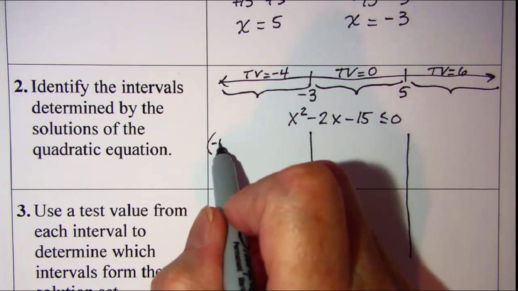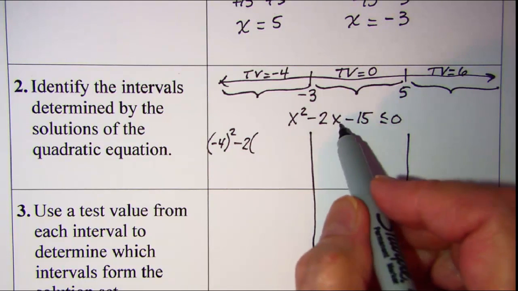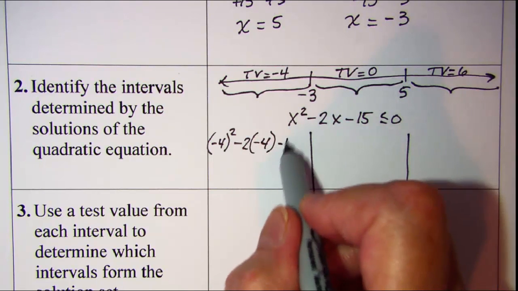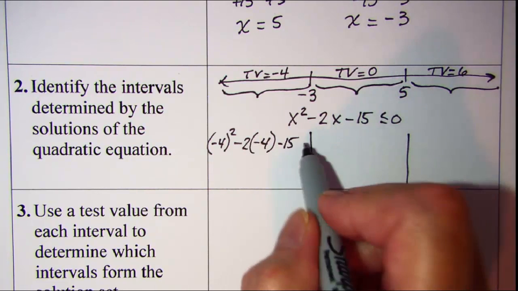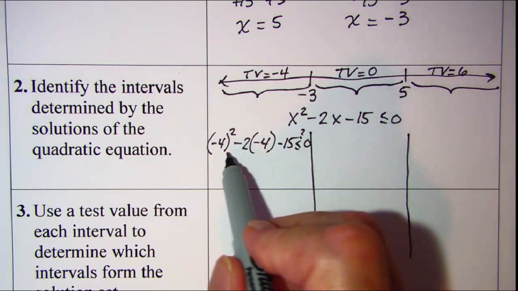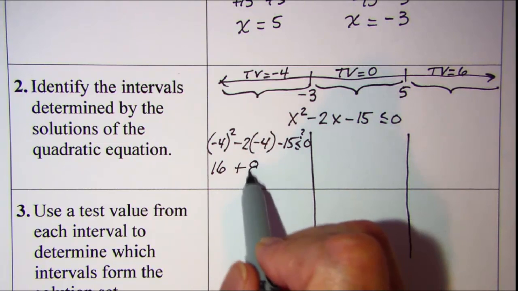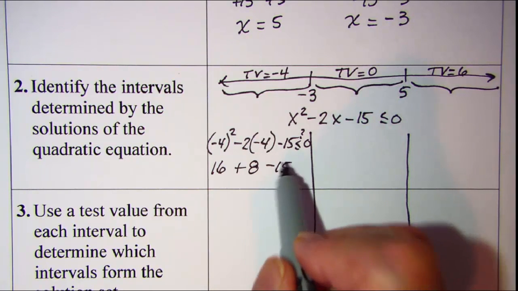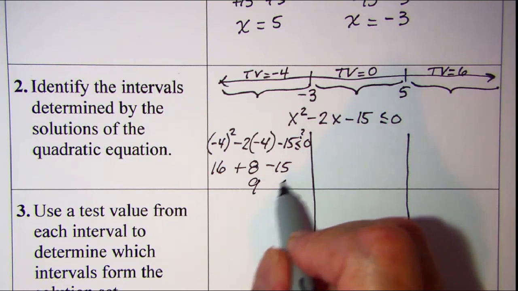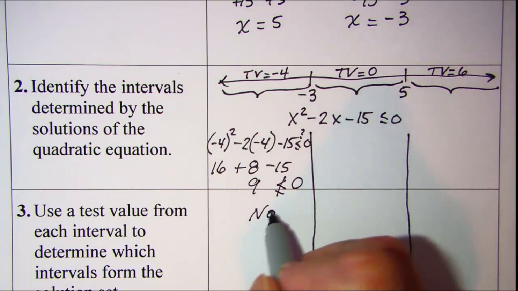So negative 4 squared minus 2 times negative 4 minus 15. And I want to see if that's less than or equal to 0. So I have 16 plus 8 minus 15, and this is 9. And I can see that that is not less than 0. So this interval does not work.